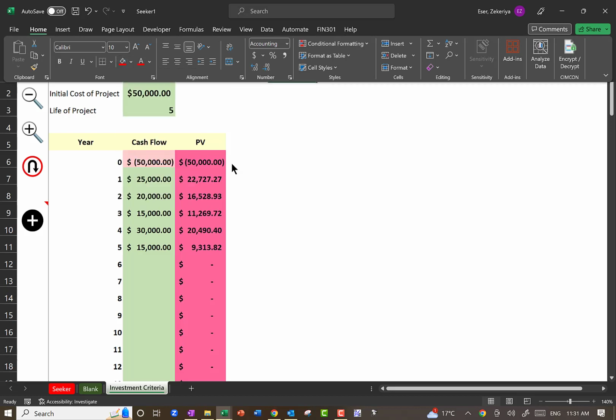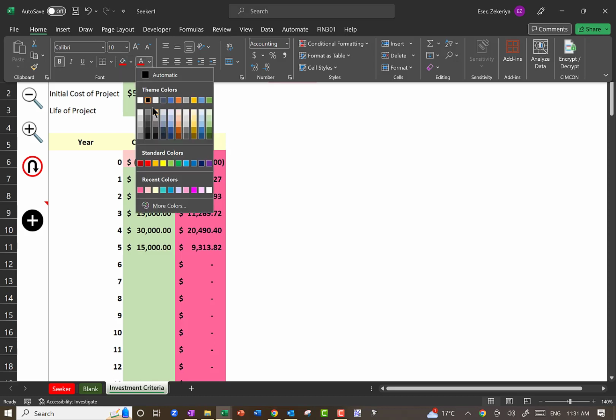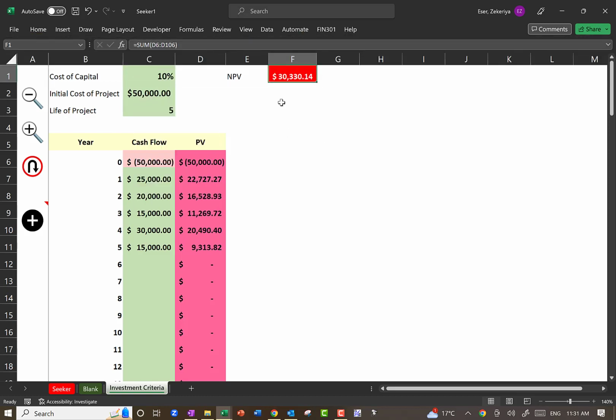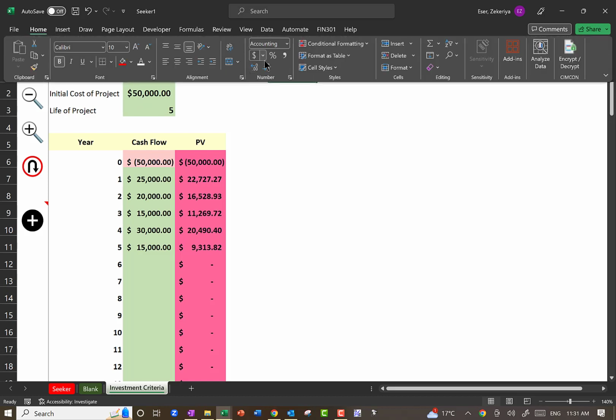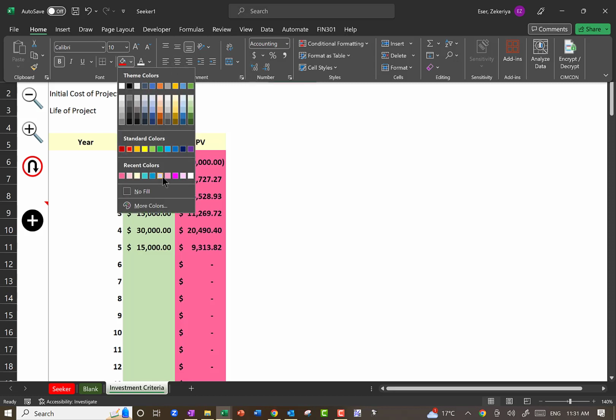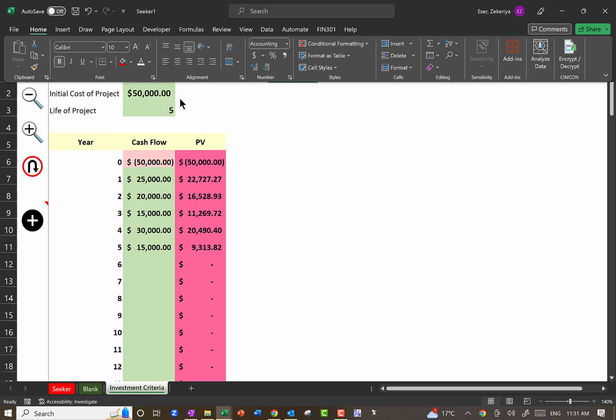I'm going to make that actually red. Let me make it dark.